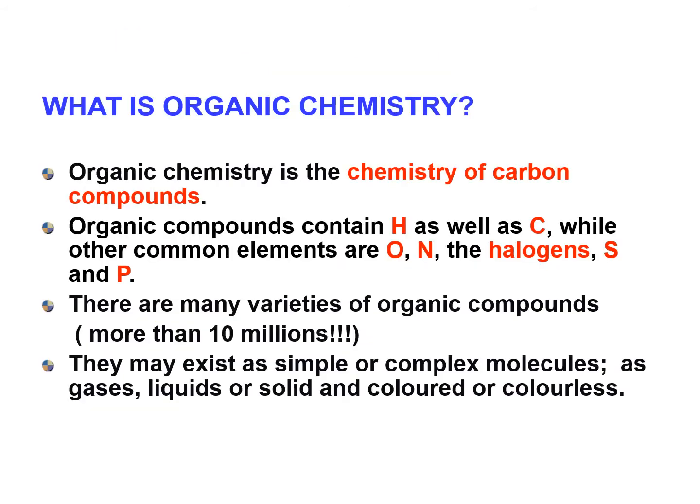What is organic chemistry? Organic chemistry is the study of compounds of carbon. Organic compounds may contain hydrogen as well as carbon and other elements such as oxygen, nitrogen, halogen, sulfur, and phosphorus. There are well over 10 million organic compounds composed of carbon and other elements.